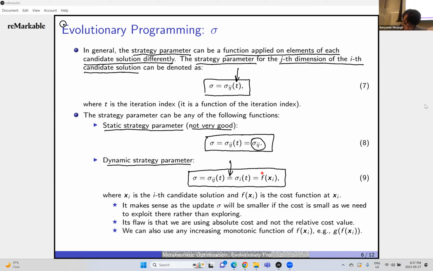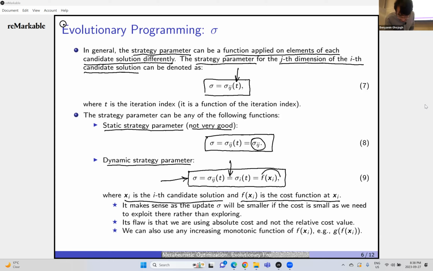So it's a function of xi, the candidate solution. xi is the ith candidate solution, and f of xi is the cost function of xi. So basically, in this case, in equation 9, sigma is the cost of the candidate solution. Did you understand? And you will see why it makes sense.